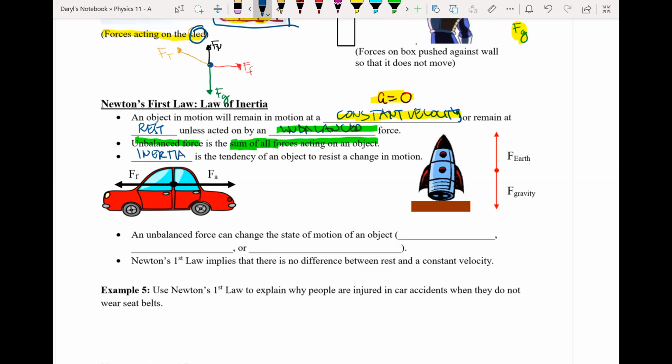So if you have this particular case here, Fa, if this is equal to that, and this is moving, velocity is to the right, for example. In this case, this is moving with a constant velocity.